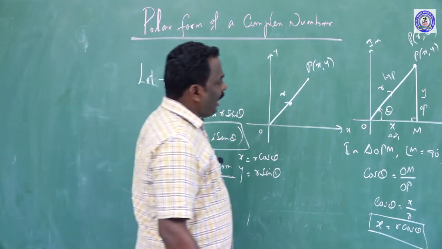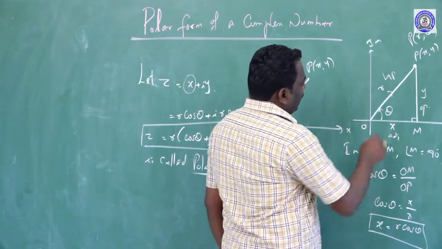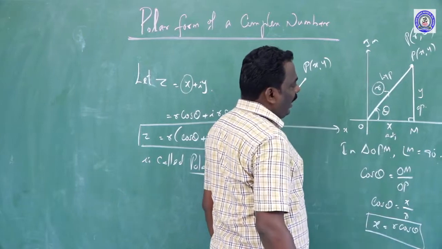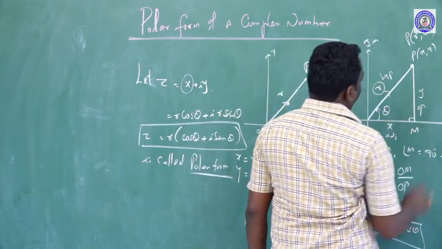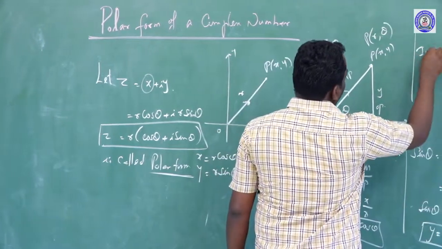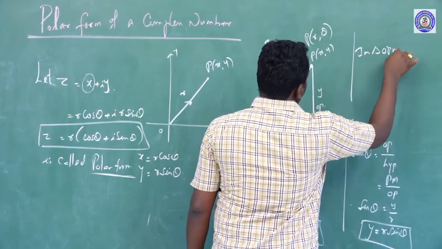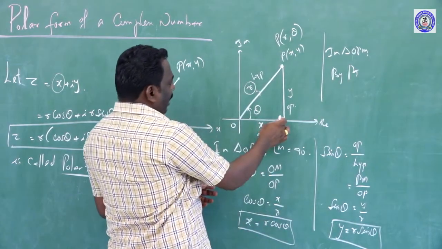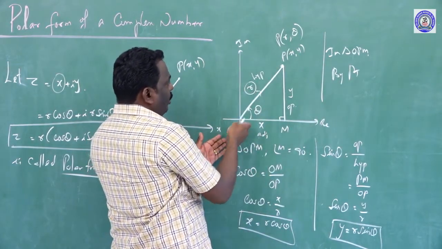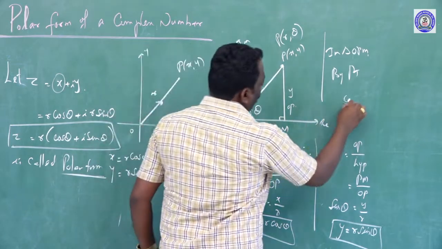Okay, come to this right angle triangle and just find the value of r by applying the Pythagoras theorem. So, what is the application of the Pythagoras theorem here? In the triangle OPM, by the Pythagoras theorem, the side opposite the right angle is called the hypotenuse. Therefore, OP is the hypotenuse. Therefore, OP square is equal to the other two sides: OM square plus PM square.